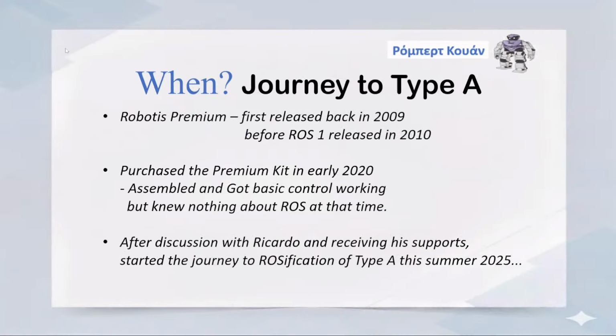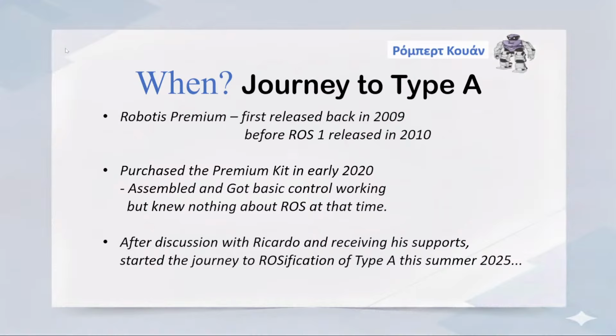So when did this journey start? I call it Type A because it's a Type A humanoid configuration. The Robotis Premium was first released as a product back in 2009, even before ROS 1 was released in 2010. I myself purchased this kit in early 2020 during the pandemic.